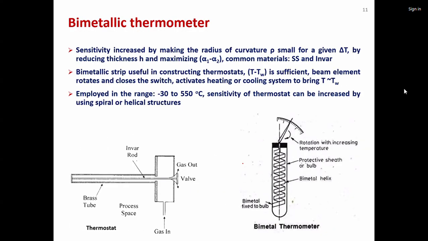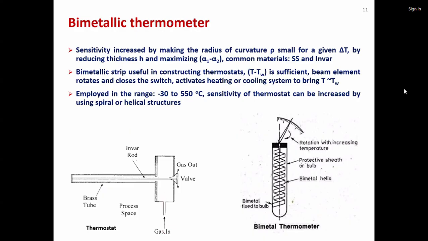So this is an example of how the bimetallic thermometer is used in a thermostat application. Typically this is used in colder countries where you need to heat the ambient. Okay, so this is basically the ambient where this hot gas comes in.